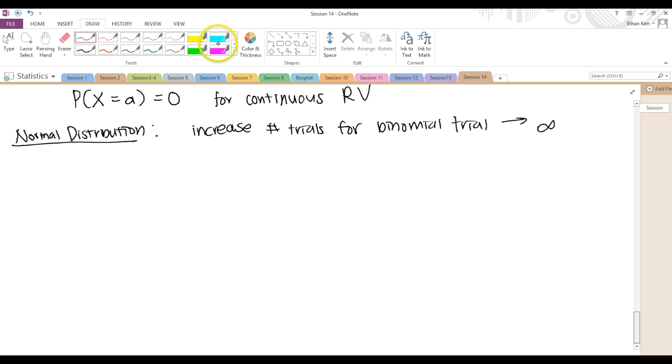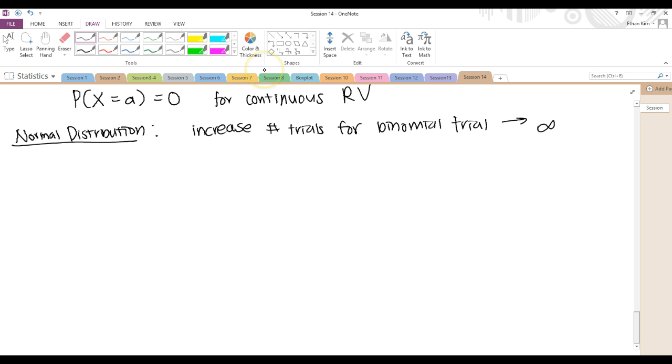Again, that's the theory behind it, but we're going to learn something called the law of large numbers later on. So there is, I would say, a fixed number. If you go above the number, then we say it's approximately normal.